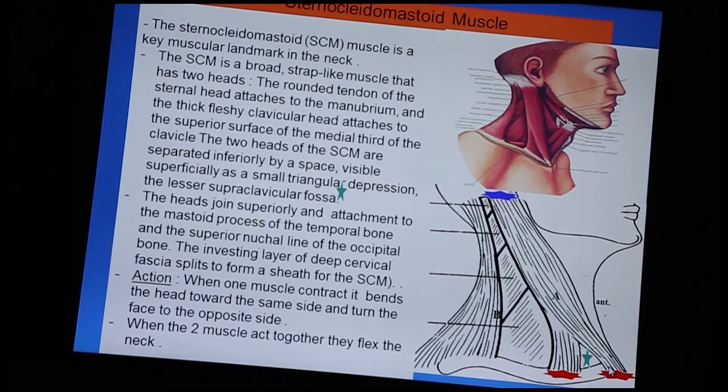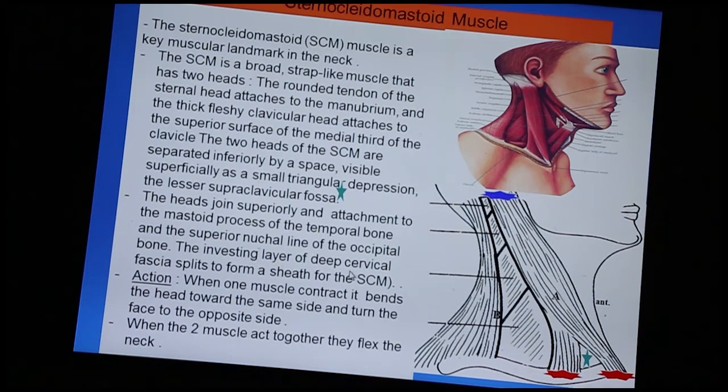The heads join and are inserted to the mastoid process of the temporal bone and the superior nuchal line of the occipital bone.